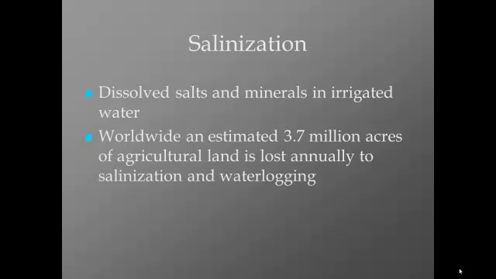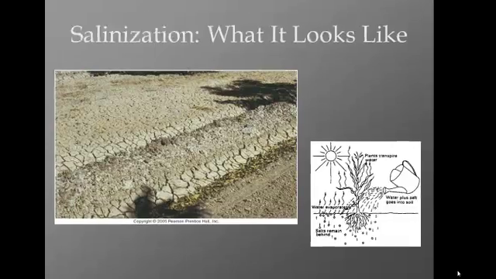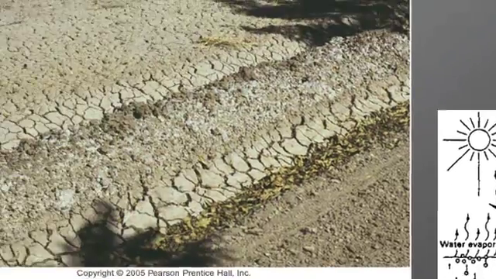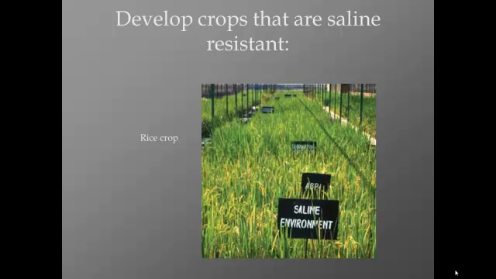The accumulated salts damage plants, but also alter soils. Worldwide, it is estimated that 3.7 million acres of agricultural land is lost annually to salinization and waterlogging. As water is added to the soil, the water evaporates and the salts remain behind and accumulate. As a result, soils look like this and are not suitable for crops.